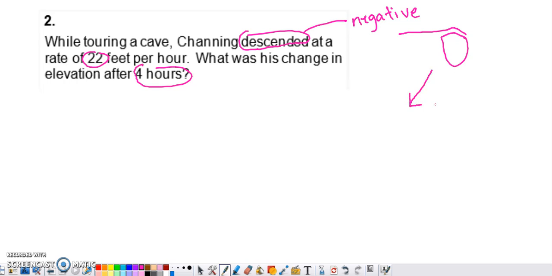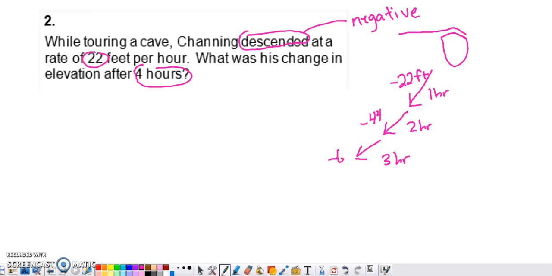So if we are descending, we're going to go in the first hour 22 feet, negative. Okay, this is hour number 1. After another hour, I'm going to go another negative 22 feet, so I'm going to end up at negative 44. Another hour, I'm descending.